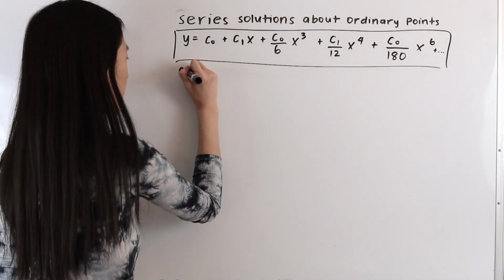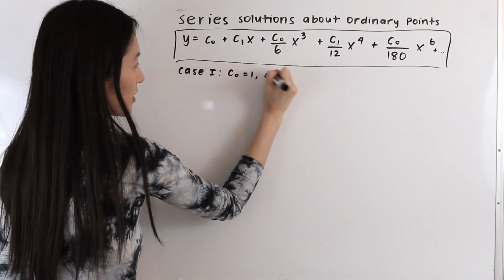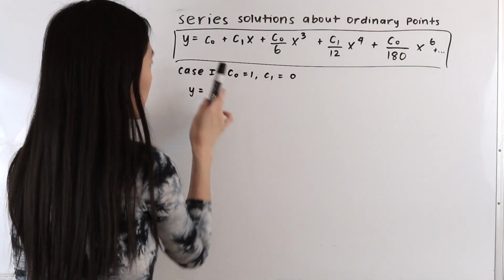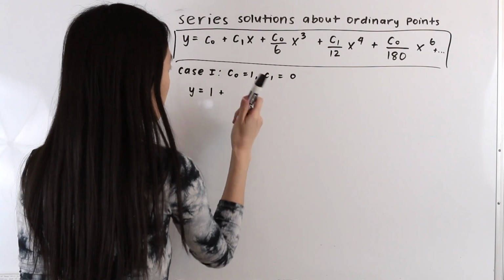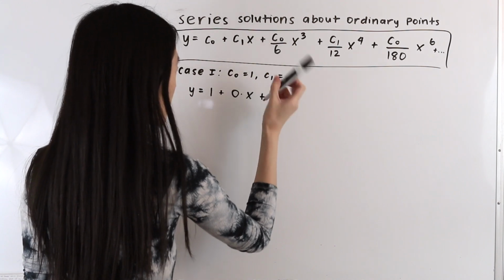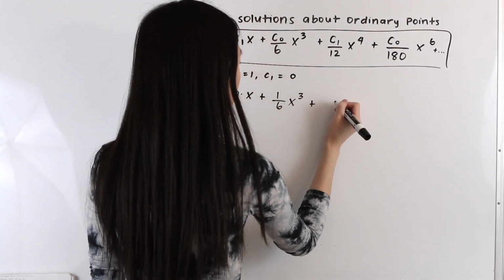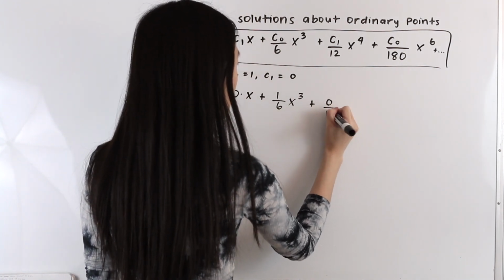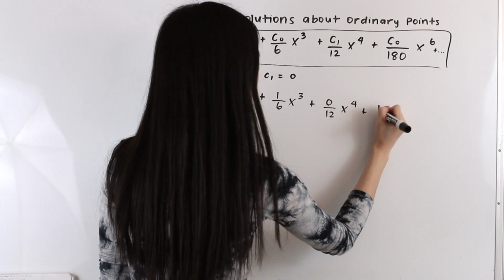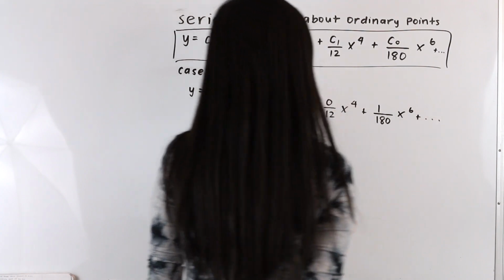So for case 1, we have c naught is equal to 1 and c1 is equal to 0. So let's go ahead and plug this in. So we have y is equal to 1 plus 0 times x plus 1 over 6 x cubed plus 0 over 12 x to the fourth plus 1 over 180 x to the sixth, and so forth.